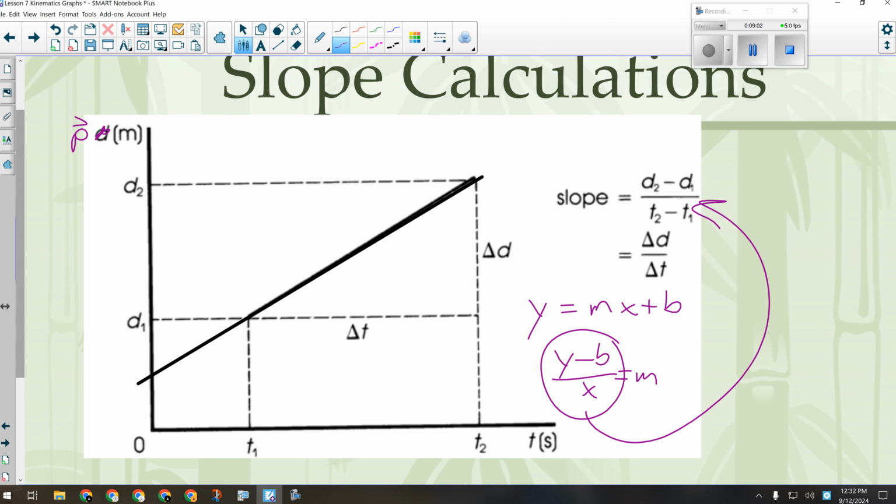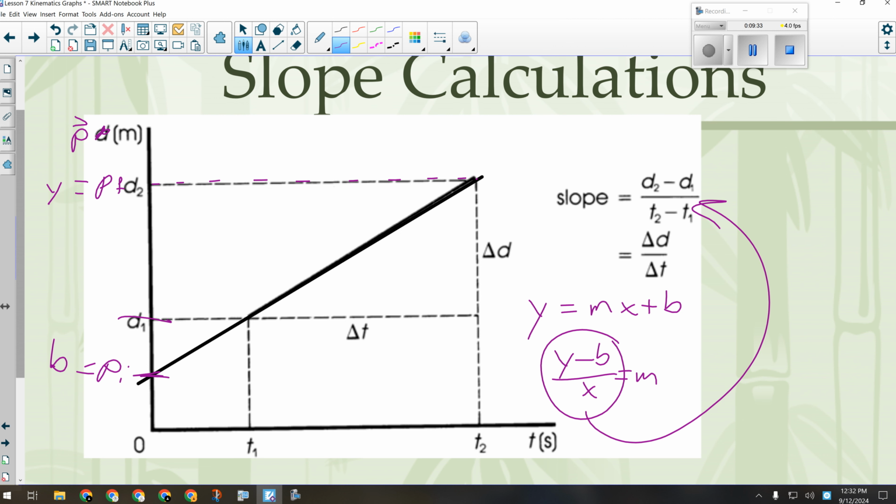On this graph, y minus b is the change in position. I'm taking the final position, that would be this number here, and I'm subtracting the initial position, which would be right here. This is y, this is b.